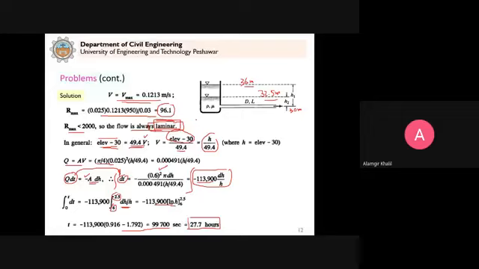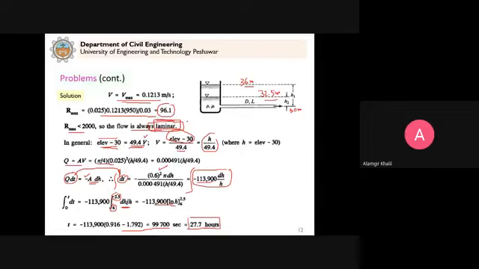Clear? So that's why in the beginning I told you that these are different concepts. Don't try to combine them. You already studied them in fluid mechanics 1. You studied about compressible, incompressible fluid. That is related to the density. If the density is constant, we say the fluid is incompressible. If the density is variable, the fluid is compressible.